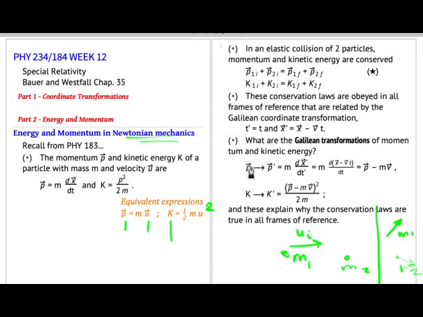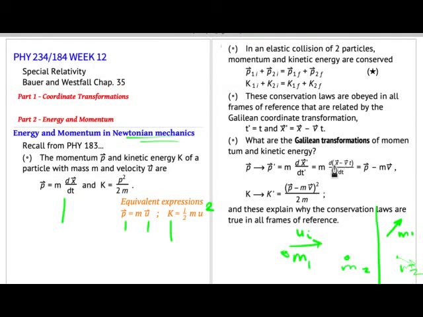How are those related? Well, p prime is m dx prime/dt prime, according to classical physics. So it's mass times d(x minus vt)/dt, since x prime is x minus vt and t prime is the same as t. Well, m times dx/dt is p.